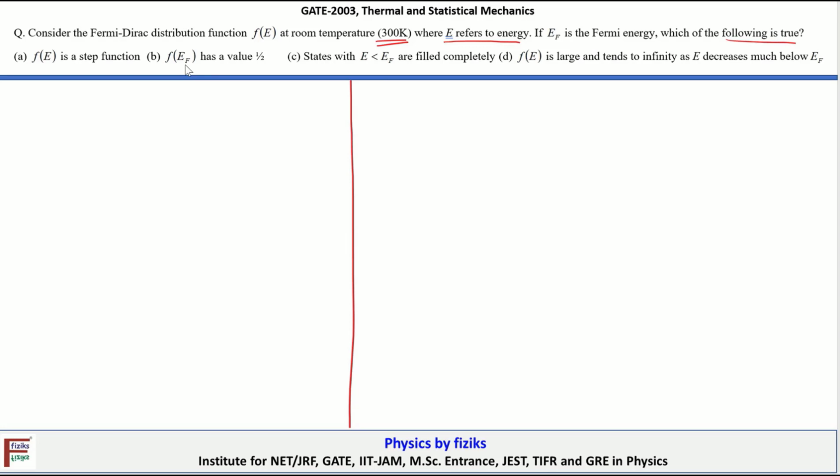Before we arrive at one of these options, let's try to figure out the basic properties of the Fermi Dirac probability distribution function.